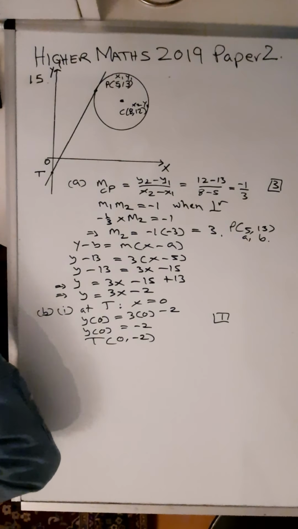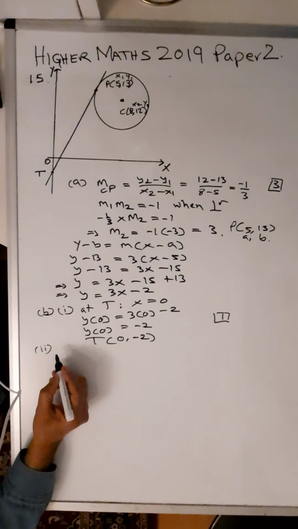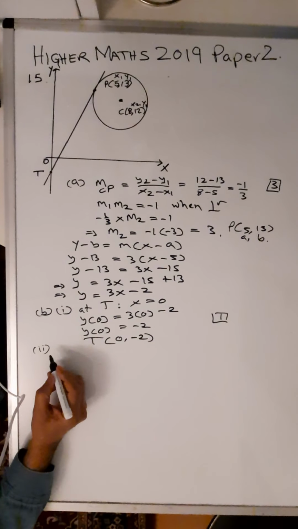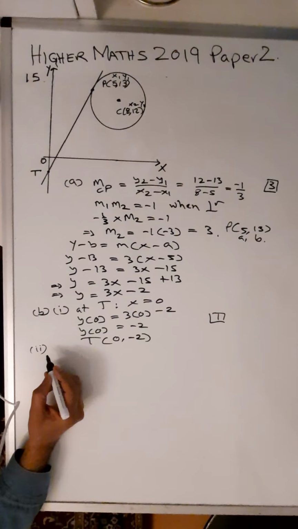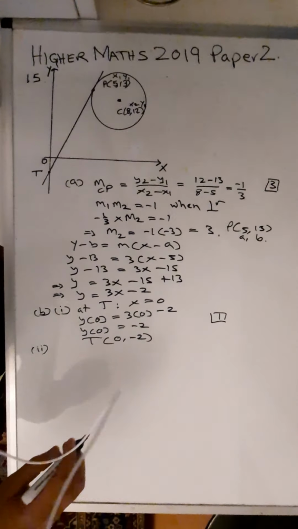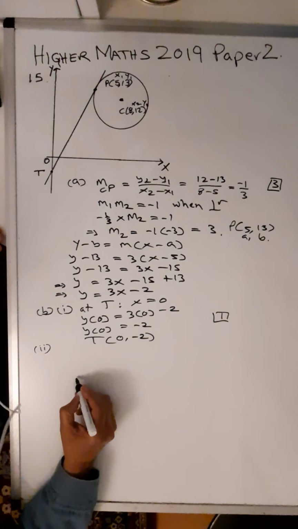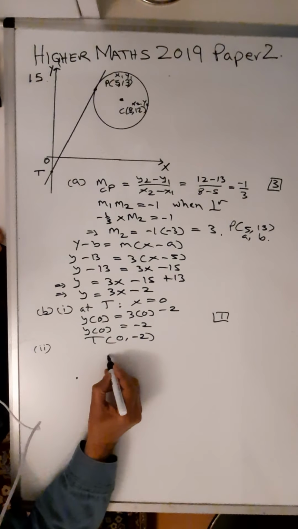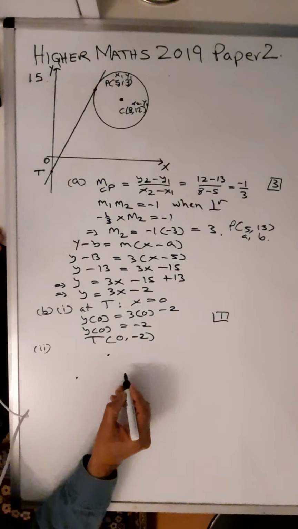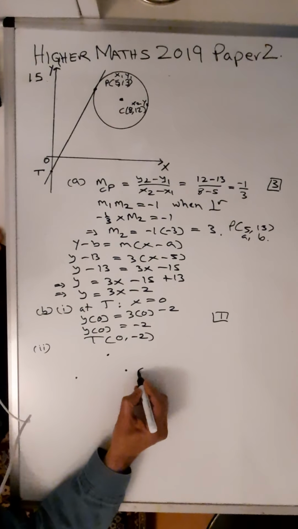The final part, this is for 3 marks. Find the equation of the circle that passes through the points C, P, T. Okay, so that's the points C, P, T. Just draw them here.